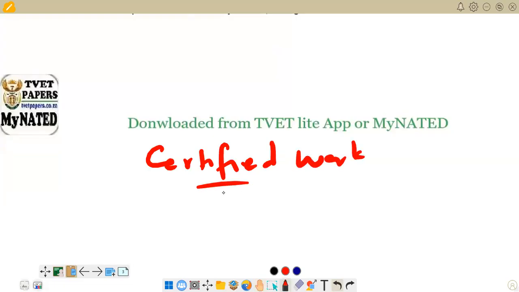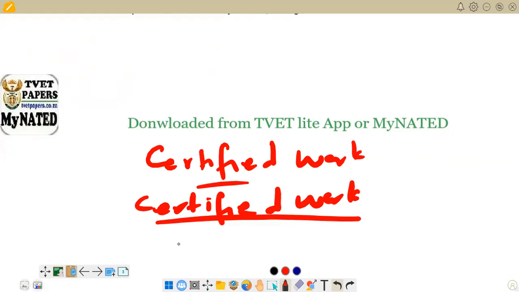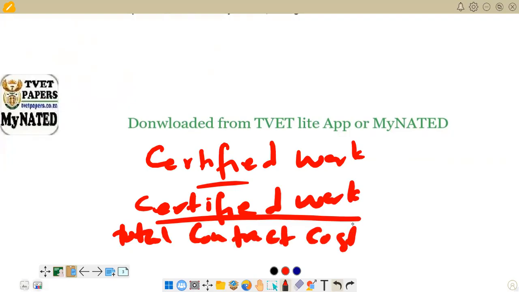The formula that we are going to use on certified work basis is certified work over total contract price, not cost, total contract price here. Then we multiply by 100 over 1.